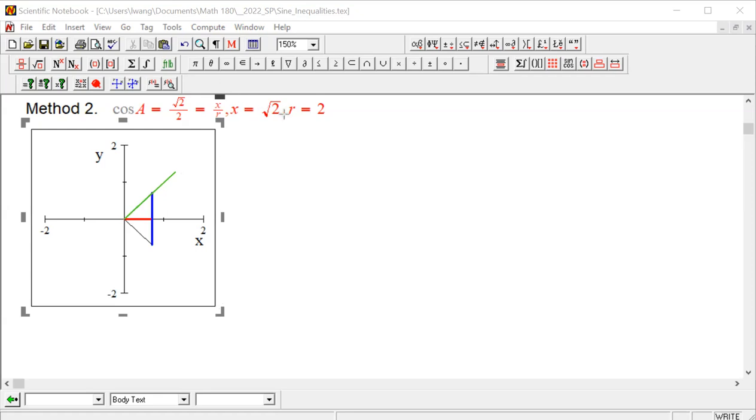X is root 2, right? And the red is going to be longer. That's the only difference. And the blue, as a consequence, is just going to be longer.